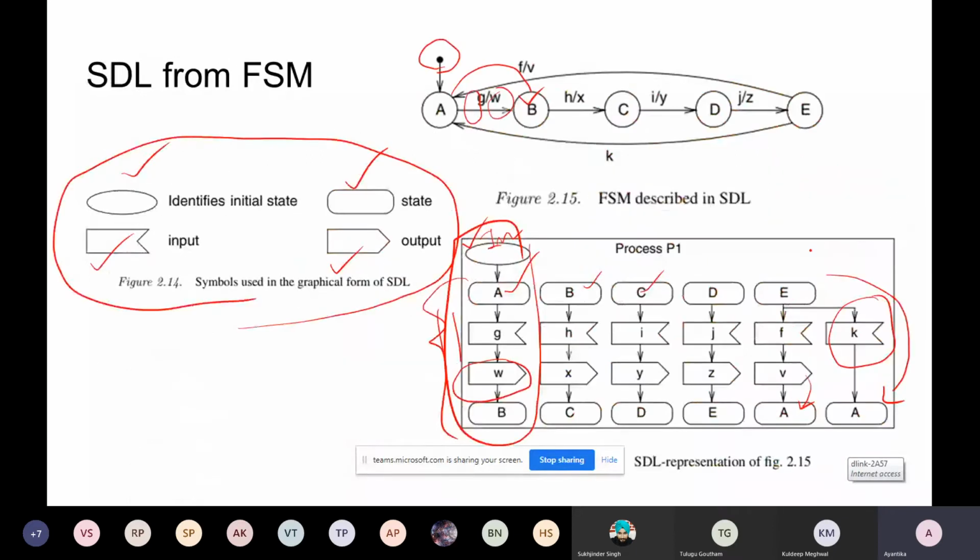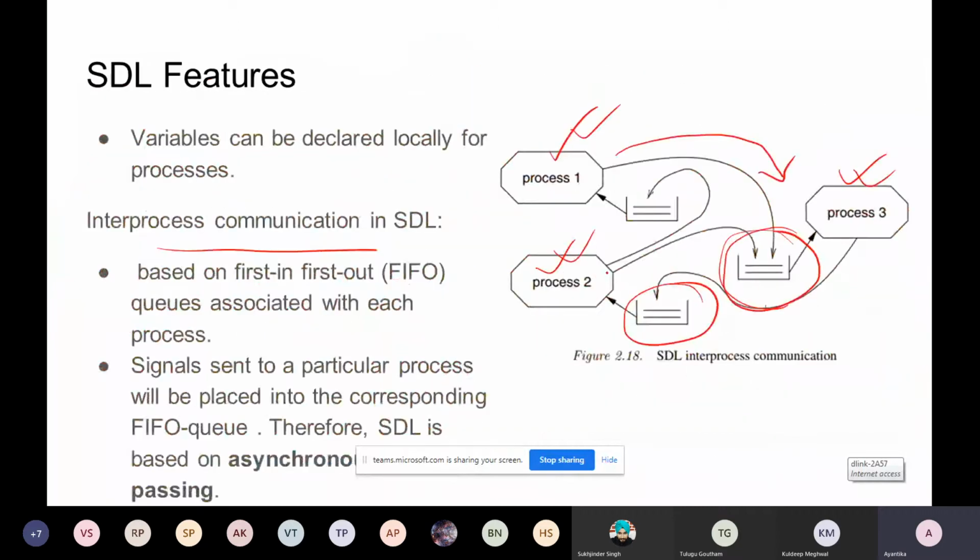These types of inputs may come from local variables, or they may come from the inputs of this FIFO-Q. So both are possible. This is one example of asynchronous message passing, where everything is going on on an asynchronous basis. As and when required, these processes make use of this queue.